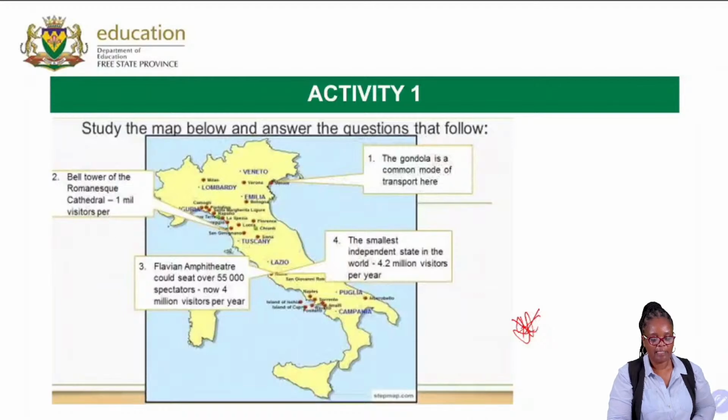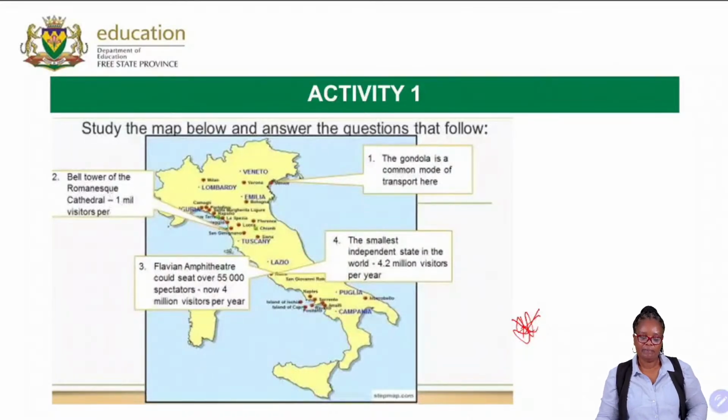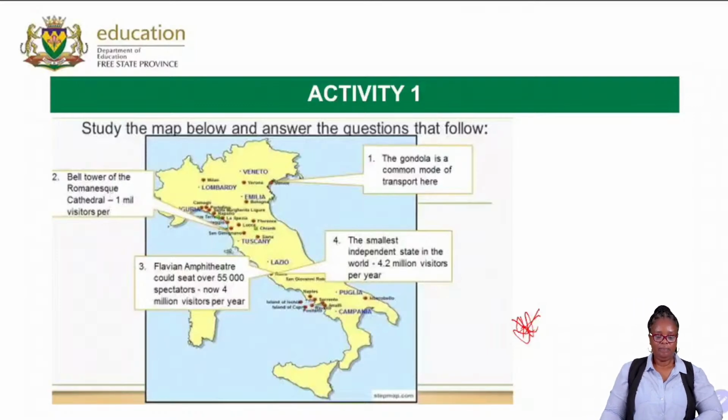Then, number 2, it says the bell tower of the Roman cathedral has more than 1 million visitors per year. What is this bell tower? The third one says this is a Flavian amphitheater, and it could seat over 55,000 spectators. Now, it attracts more than 4 million visitors per year.